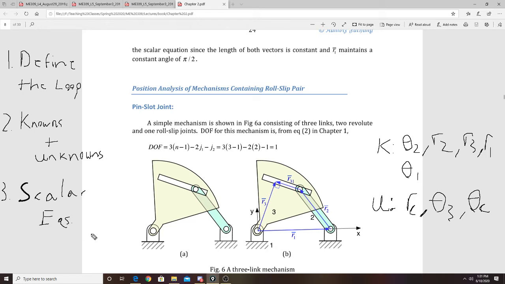So the scalar equations, that is the third thing that we have to do. So we have completed steps 1, 2, and 3. The third one is the scalar equations. And the scalar equations, if you recall, are x and y, right? They're essentially the sine and cosine of all of these vectors put together. And so we will do that.